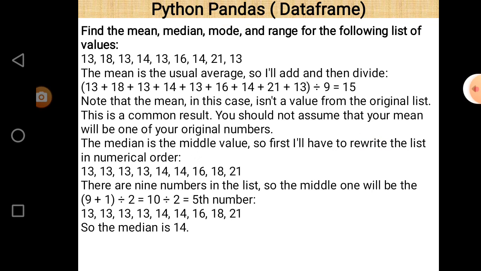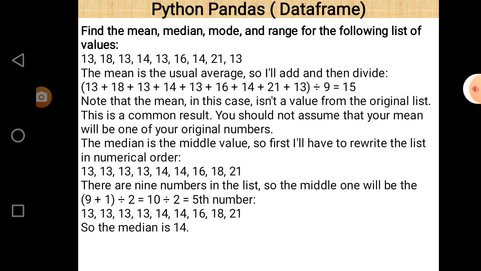Now the second term is median. Median is actually the middle value. If we want to find the median, first of all write all values in ascending order, and just write the middle value. Whatever the middle value is, it is the median of that data set.